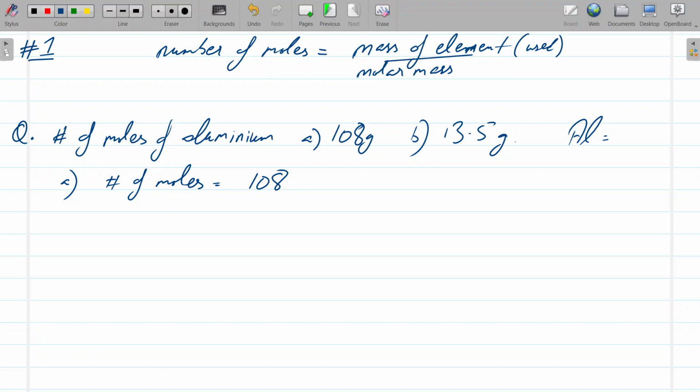Molar mass is either the relative atomic mass or the relative molecular mass of the substance. If it is an element, you'd use the relative atomic mass. If it is a compound, you would use the relative molecular or formula mass.